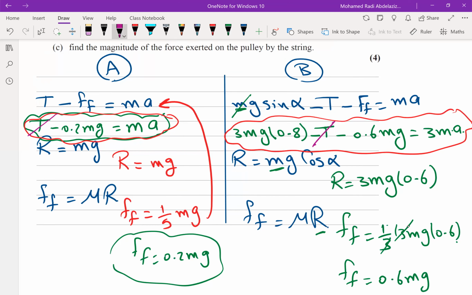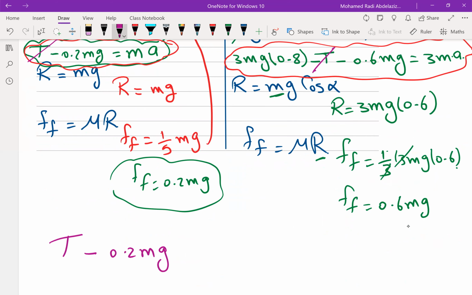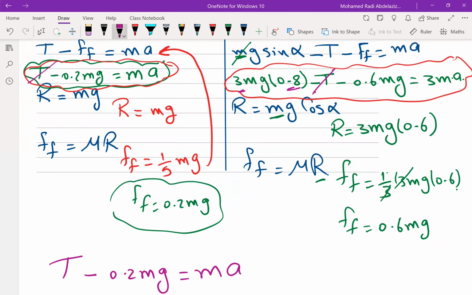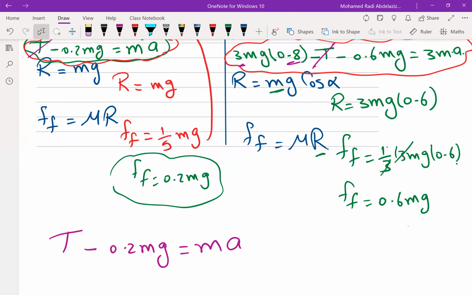Let me write the equations again here. T minus 0.2 mg is equal to ma. Second equation, when you write 3 times 0.8 will be 2.4 mg minus tension minus 0.6 mg is equal to 3ma.